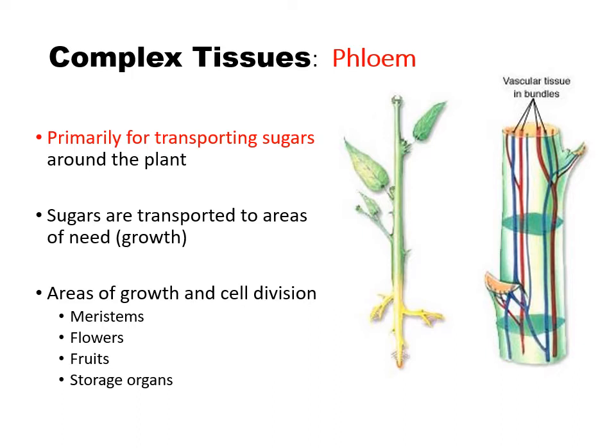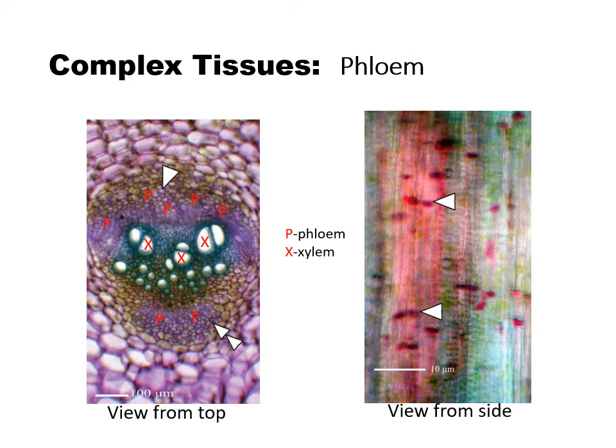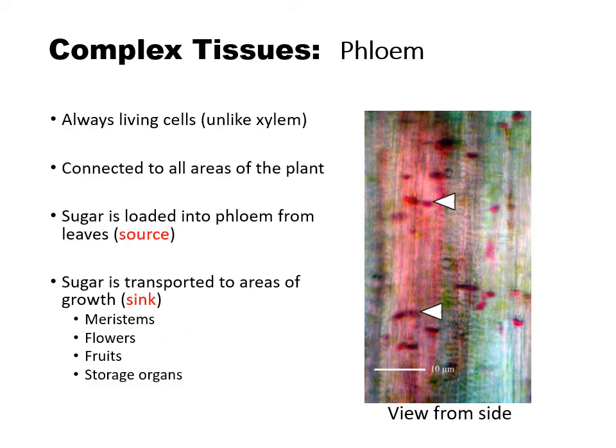So let me spend a little bit of time on how that works. Phloem from the top, here again, you can see the X's represent xylem, P's represent phloem, and from the side, the phloem are much more difficult to identify because they are living and have cytoplasm. So you'll have fun in the lab looking at those. So I jumped ahead a bit, but anyway, the idea is that phloem is always living, connected to all areas of the plant, and it matches where the xylem are, right?